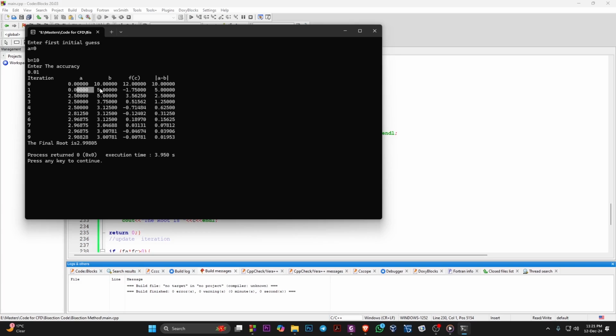Then also I will get this value 5 and 2.5. This is my last accuracy, 0.019. That was very low for my accuracy. So the answer is 2.99805, that was my c value.